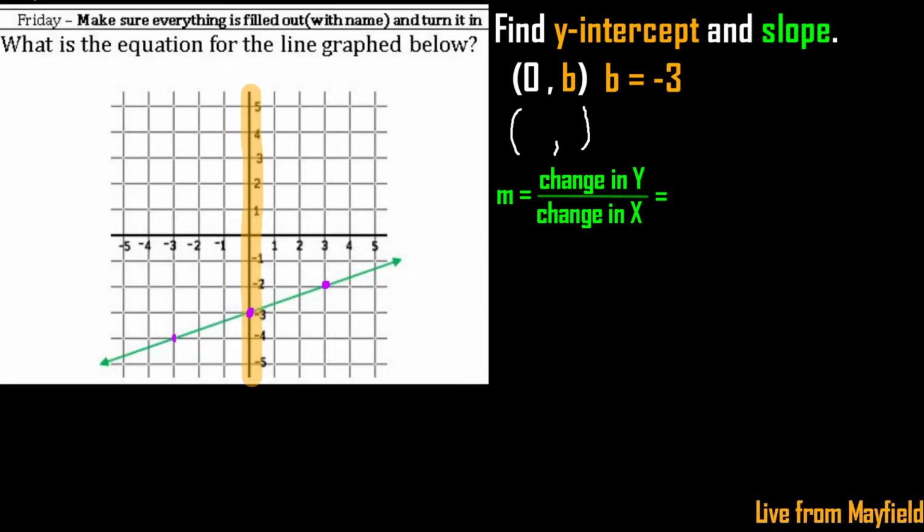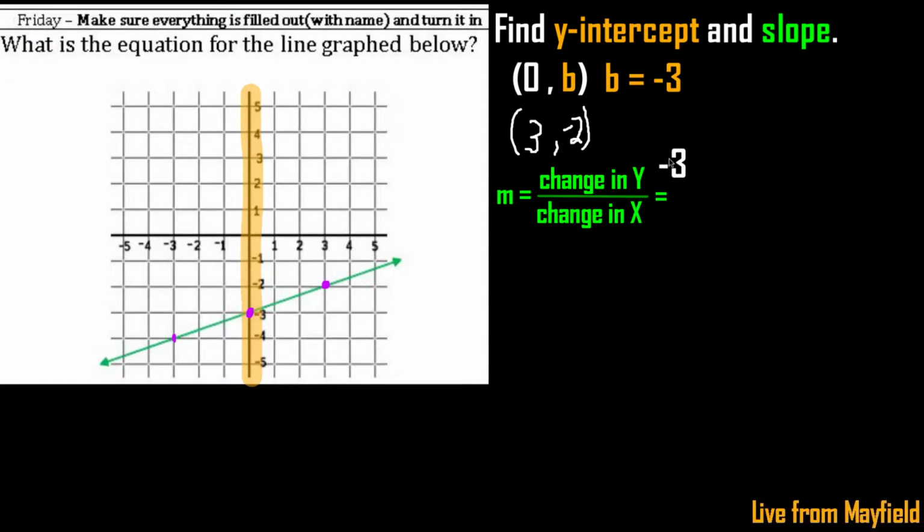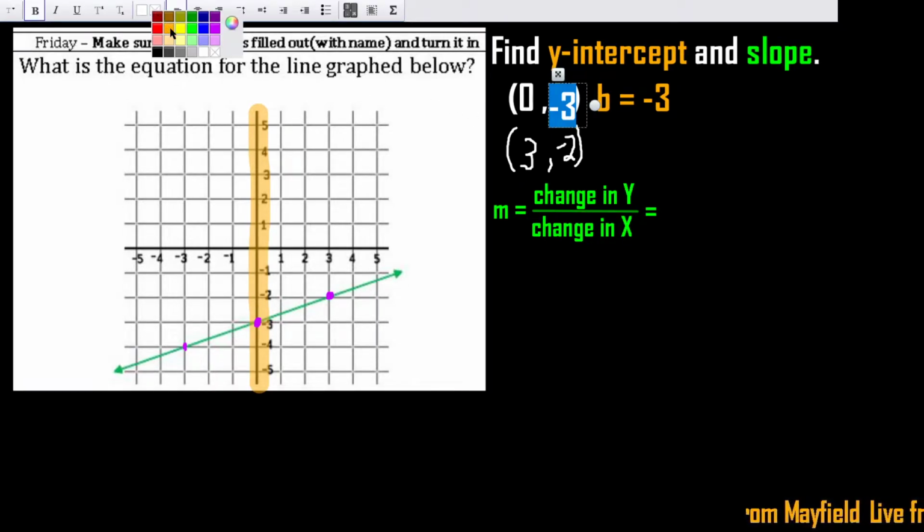So what is that ordered pair? Well, we have the ordered pair (3, -2). If our value is -3 for b, I want to make sure I can see what the change in y and the change in x are.